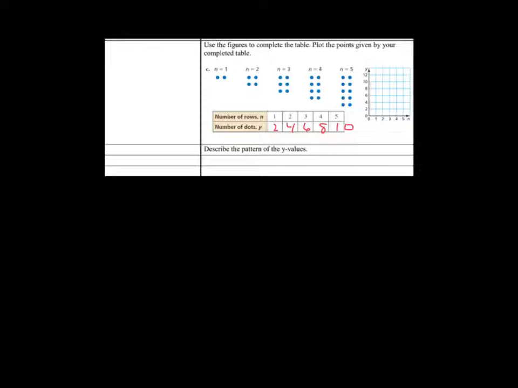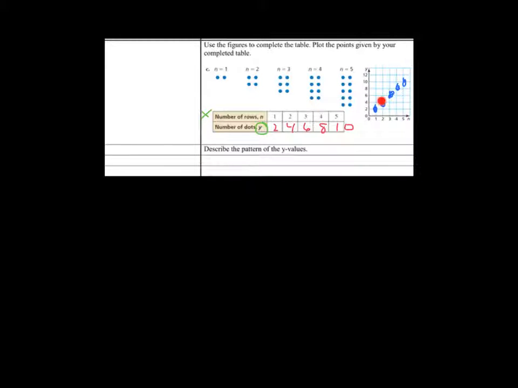Okay? So now we have a set of ordered pairs. I told you guys that n, or the position of a number in a sequence, is always going to represent your x value, and they already told us here that the number of dots was our y. So then we're going to graph that. Now, graphing on my iPad isn't the greatest, but you can see here that I have graphed a point at 1, 2, because in one row there were 2 dots.